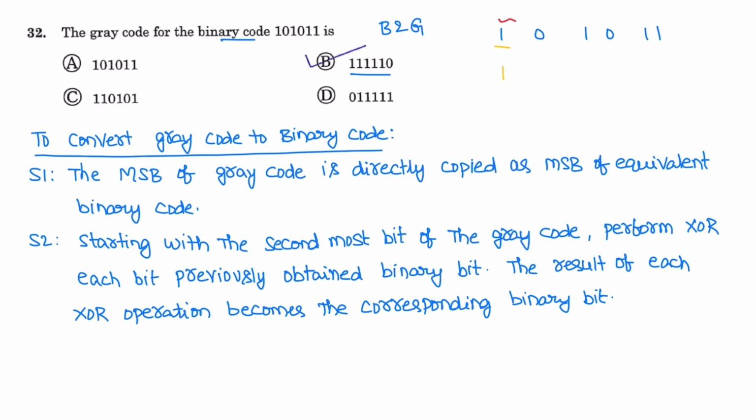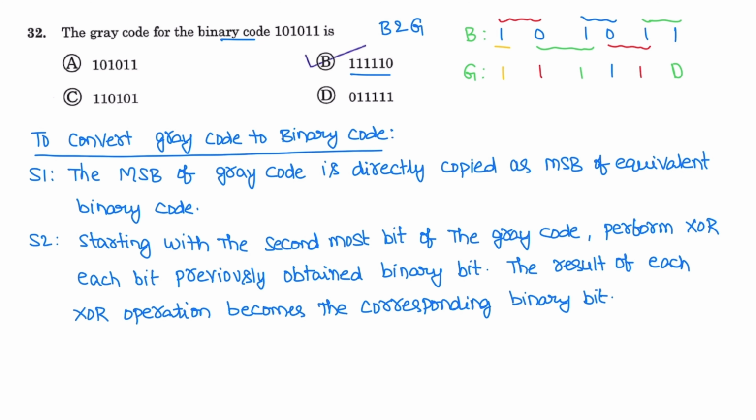So 1 and 0 is 1, 0 and 1 is 1, 1 and 0 is 1, 0 and 1 is 1, and 1 and 1 is 0. XOR operation of 11 is 0. So this is the binary code and this is the gray code. The correct option is B. Next question.